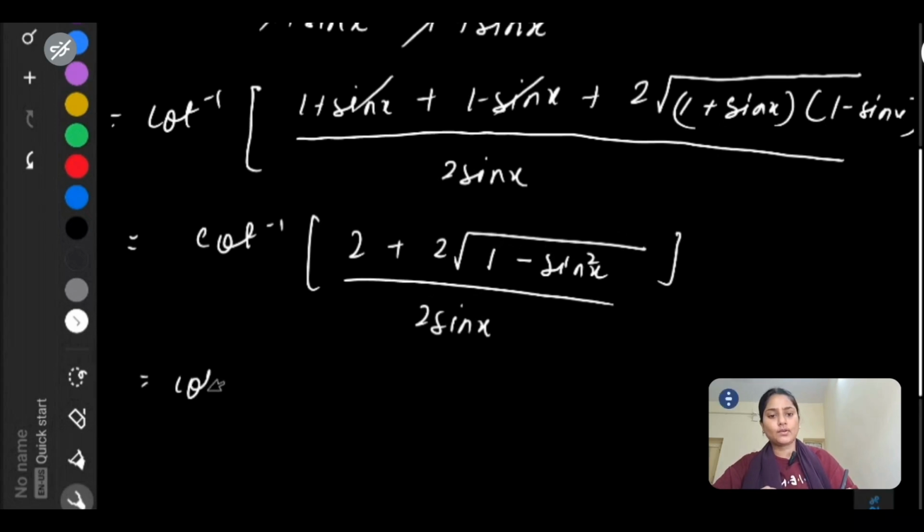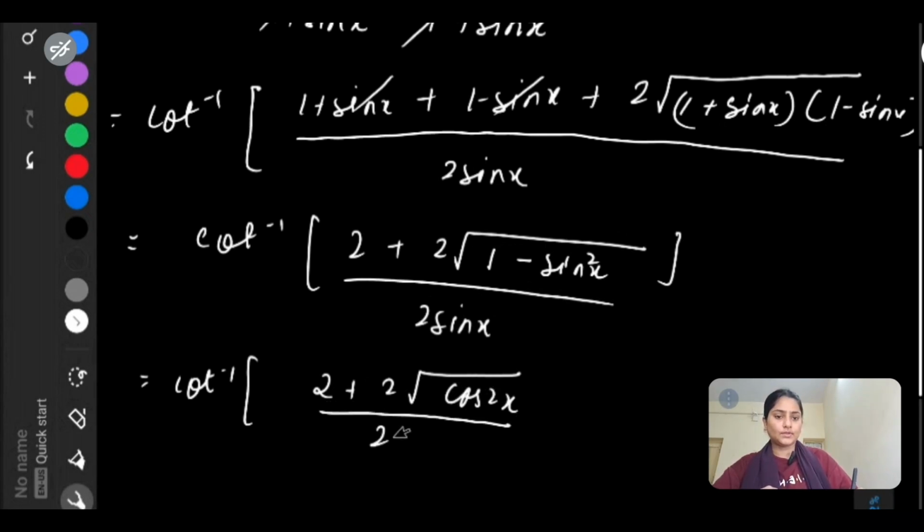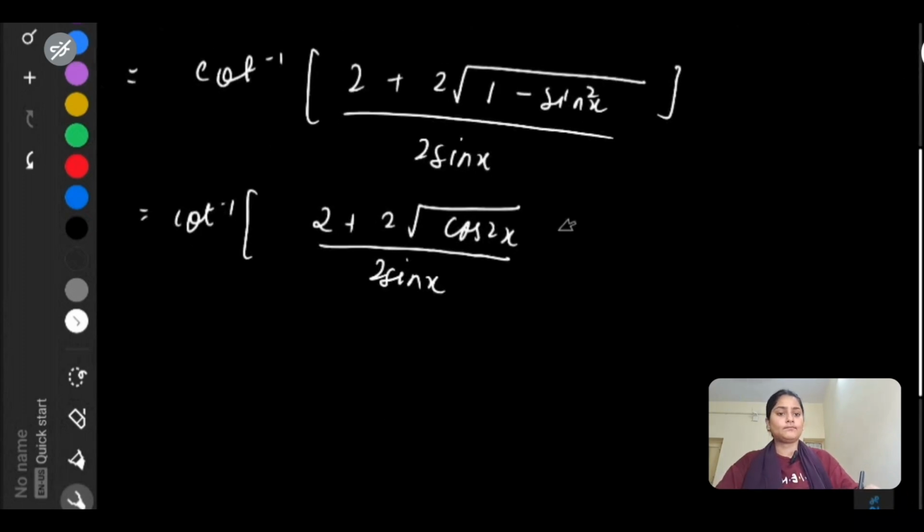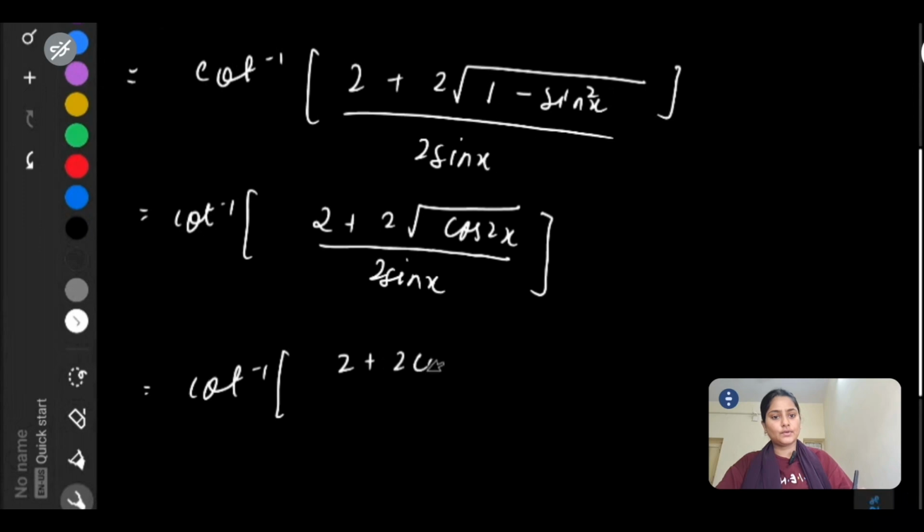So into the next step, cot inverse. We can write 1 minus sine square x as cos square x. Yeah, absolutely. Now when we remove this from the root, we'll get cos of x. So cot inverse of 2 plus 2 cos of x upon 2 sine of x.